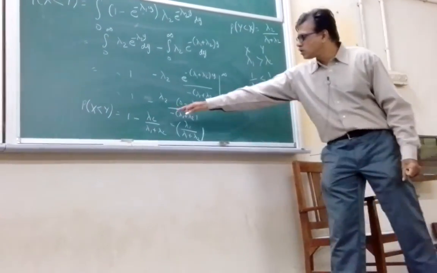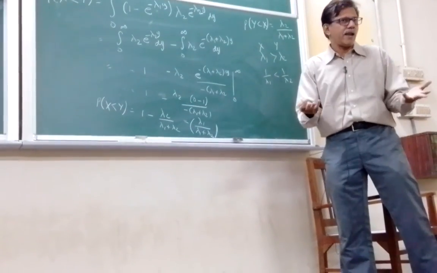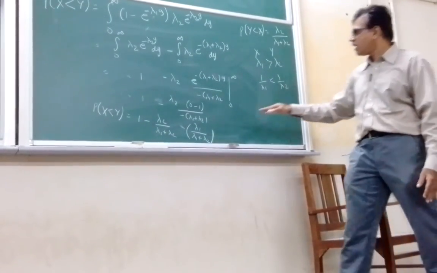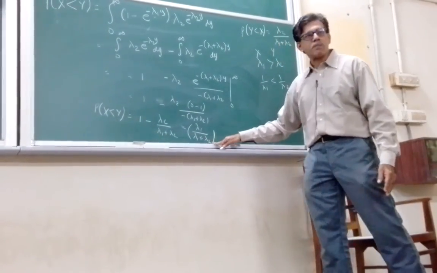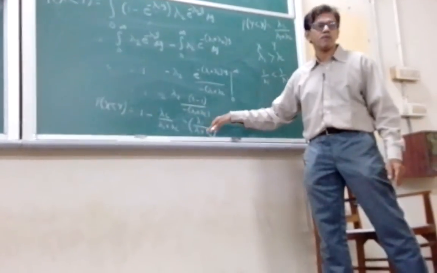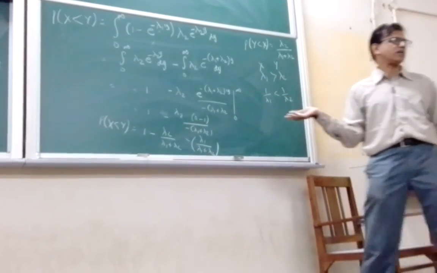Now, what does this do? The probability that X will fail before Y is very likely because X is not a good component. So that is given by lambda 1 by lambda 1 plus lambda 2. Lambda 1 is larger than lambda 2, so this will be larger as compared to lambda 2 by lambda 1 plus lambda 2.